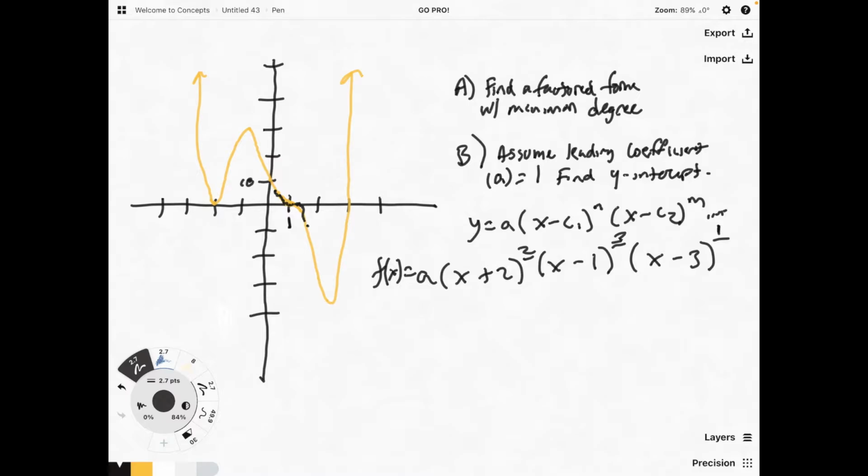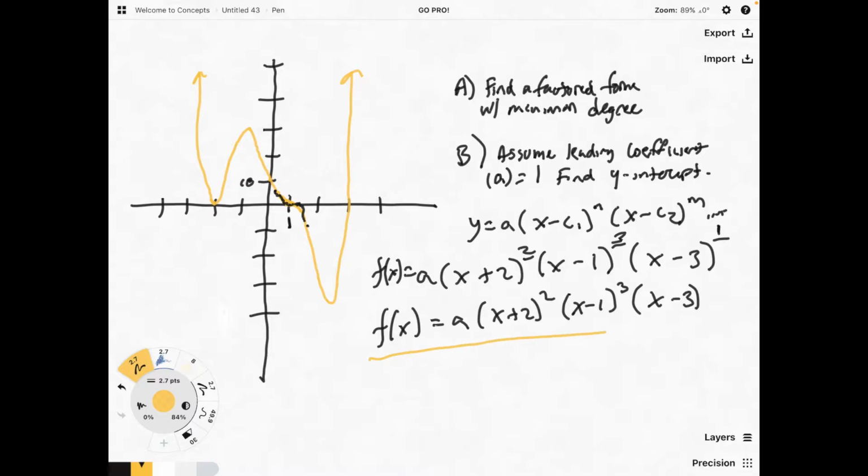When we write this out, we have f of x equals a times x plus 2 raised to the second power, multiplied by x minus 1 raised to the third power, multiplied by x minus 3 raised to the first power, or we have it right there. And with this answer, when we multiply these together, that's going to be x squared multiplied by x to the third, so you add those together, it's x to the fifth.